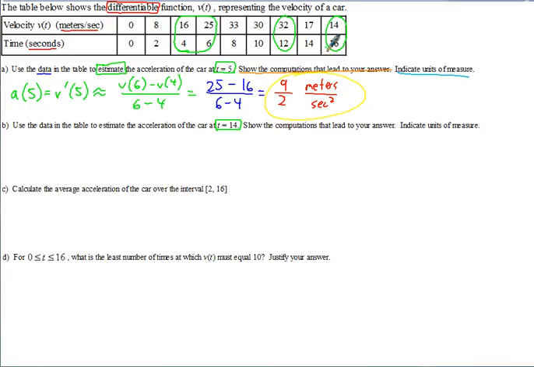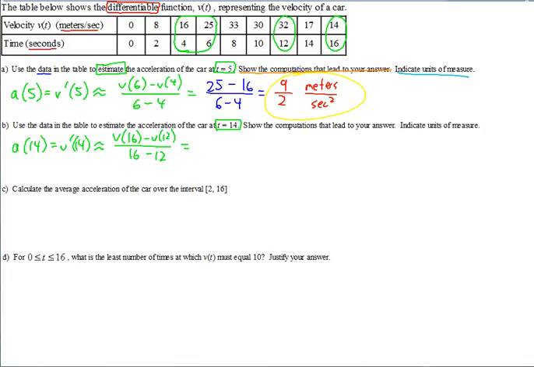So, we need one of those. You don't have to do all 3. So I'm going to say that a of 14, which is the same as the derivative of velocity at 14, is approximately equal to, if I use these 2 points on either side of 14, that'd be v of 16 minus v of 12 over 16 minus 12.